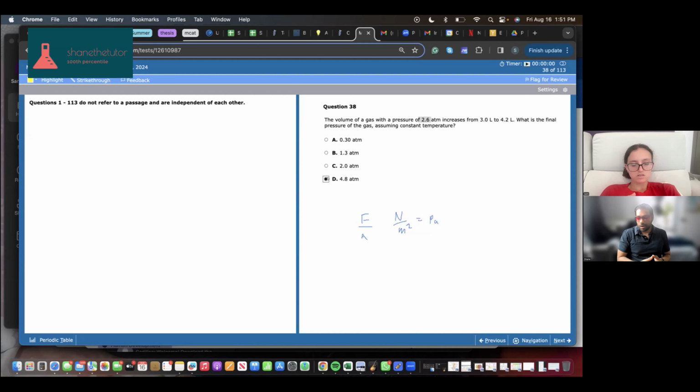Like, let's say you have a water bottle. Oh, I get what you're saying, that pressure would decrease as volume increases. So D would be wrong, but so we have a 1.2 liter increase.